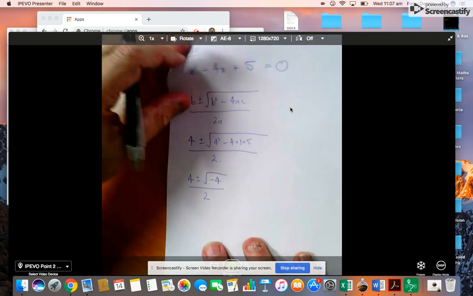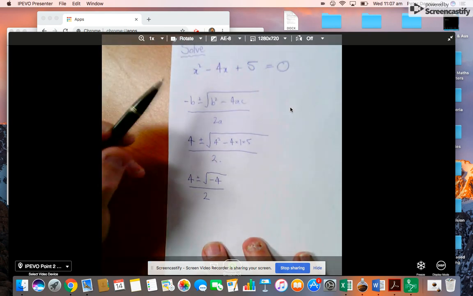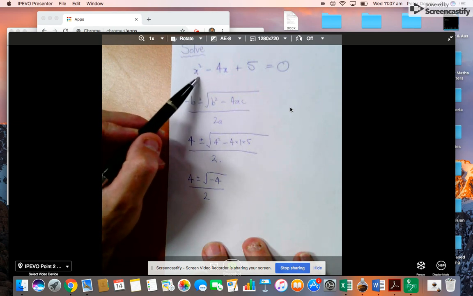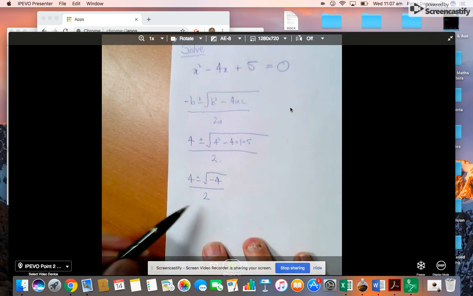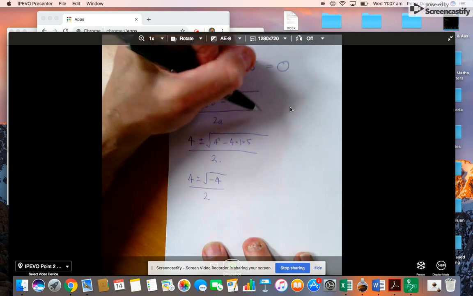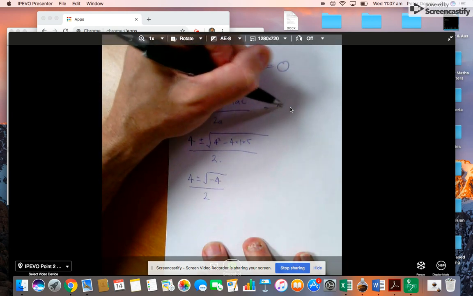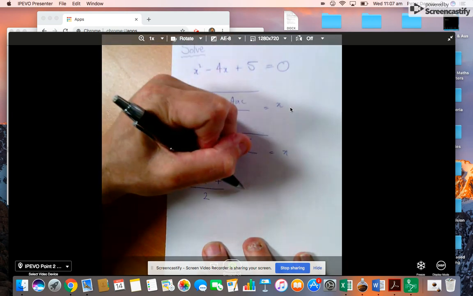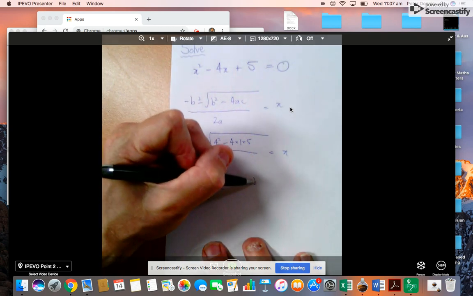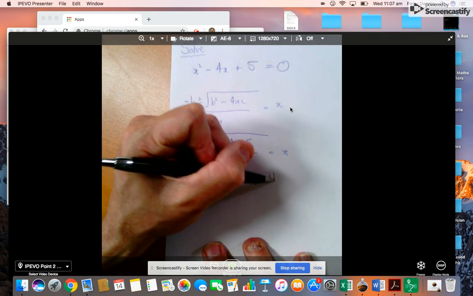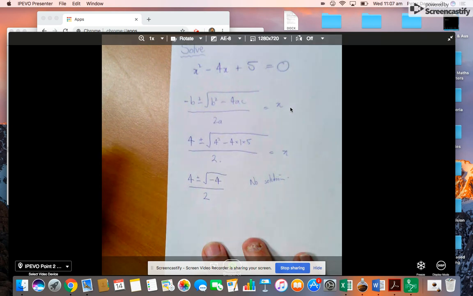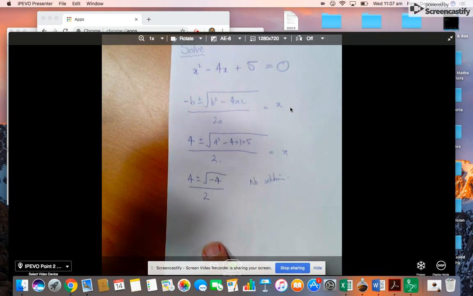So here's an issue, because the fundamental theorem of algebra says that it should have 2 roots. It's degree 2, so it should have 2 roots. And normally we might say that there's no solutions. And you may have heard some people, Alan, say there's no real solutions.